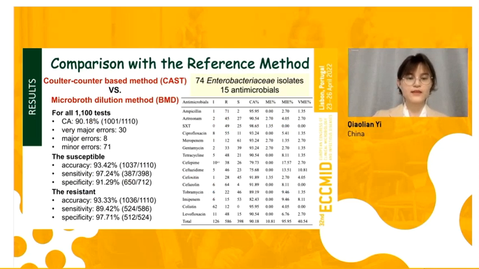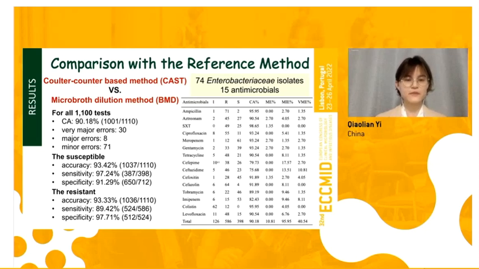We then applied this system to the clinical microbiology laboratory in our hospital. MIC results of 74 Enterobacterales isolates with 15 antimicrobials were analyzed and compared to the reference method, broth microdilution. For 1,100 tests, the categorical agreement is 90.18%, with 30 very major errors, 8 major errors, and 71 minor errors.